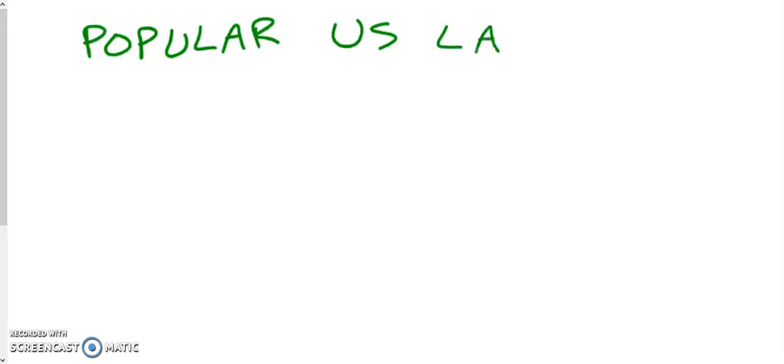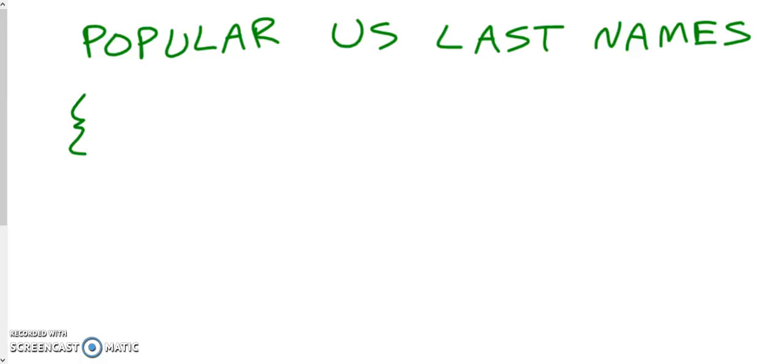So, here's an example. Popular U.S. last names. That's what we would call a swing and a miss. What do you think is the most popular last name in the United States? Smith.